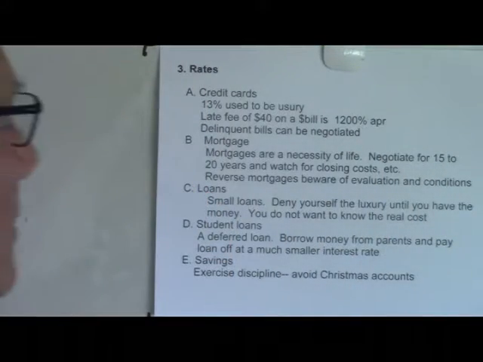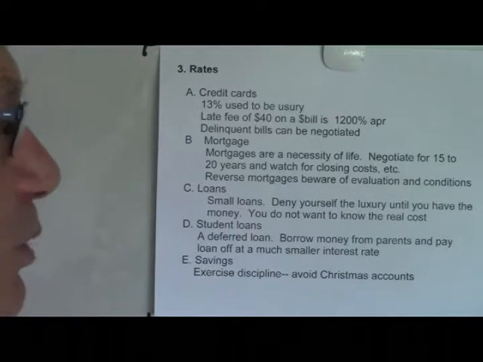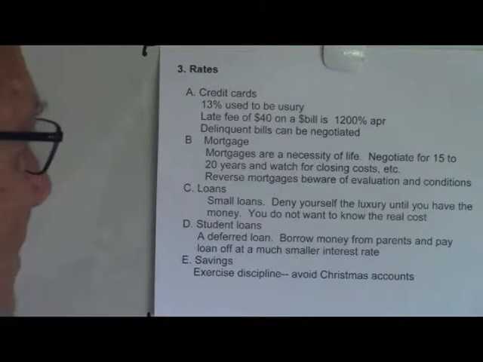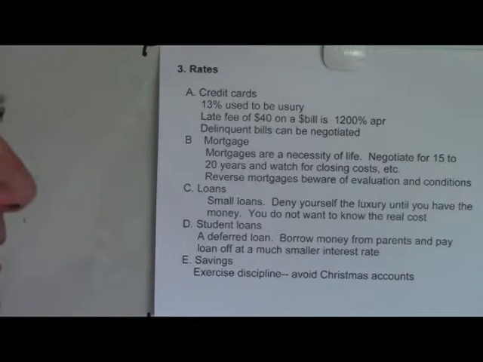Okay, credit cards. What I found interesting is 13% used to be considered a rate that was usurious. Now you see 25% charges. A late fee on a bill, let's say of $40, can end up costing you $40, which if you annualize that, comes out to be a 1,200% interest rate, well above 13%.